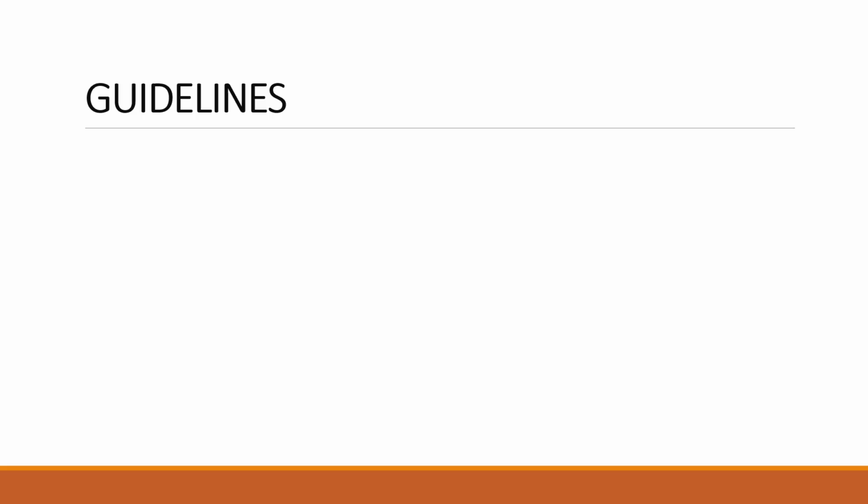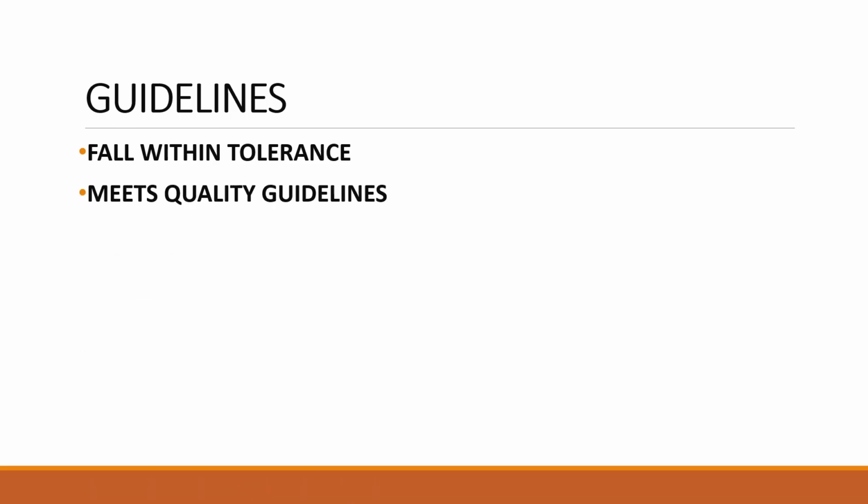Now what is the guideline then? Whenever such production processes are happening, the measurement should always fall within the tolerance. Any measurement, of any part of the garment, should fall within the tolerance limit. Of course, it should meet the quality guidelines also.